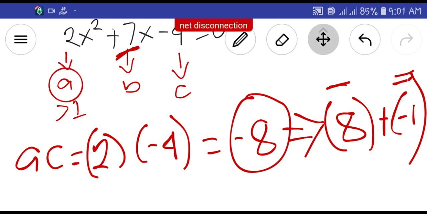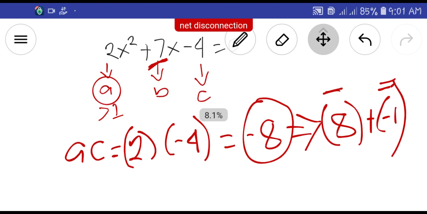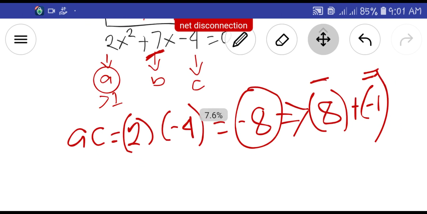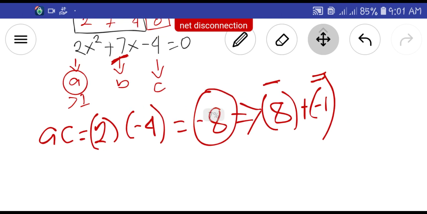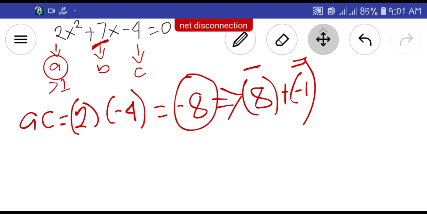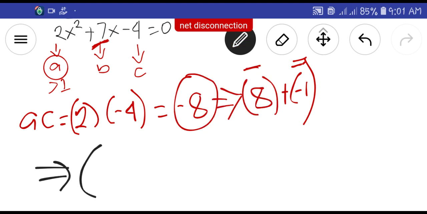Now in this case, we have now the factors to be used to factor our quadratic equation. So the first step is you will have to copy the leading coefficient, which is the 2 here, with the variable x.